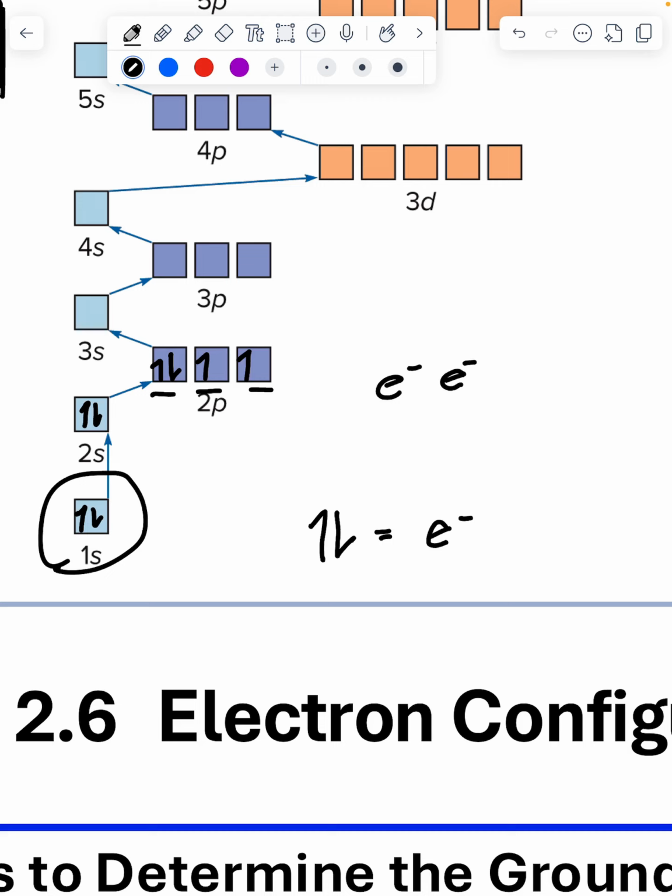When the electrons are filling the orbitals, they prefer to be in an orbital by themselves because their charges repel each other. So we'll see in a moment that the reason that I'm drawing an up arrow and a down arrow is because when the electrons are in the same orbital, they're trying to stay as far away from each other as possible. So they tend to travel in opposite directions. And this is called the spin. And it just indicates the direction in which the electrons are traveling.